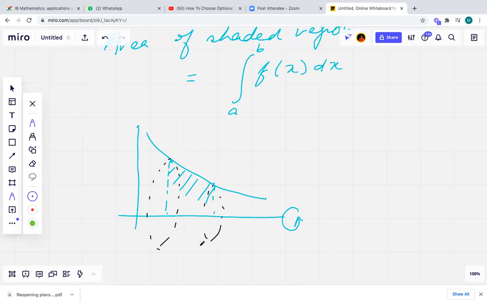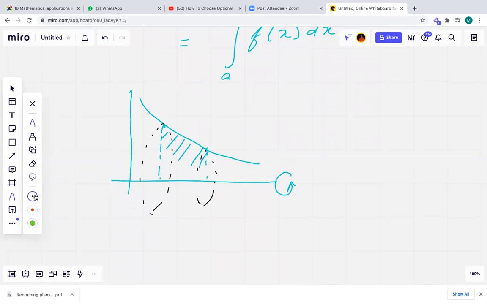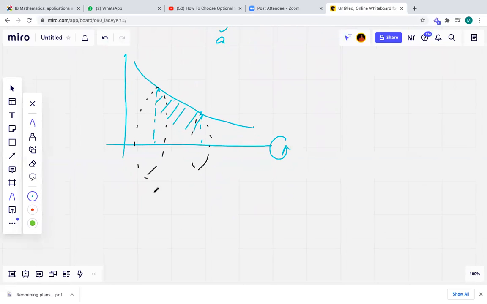So what will I get? I'll get a solid. It will be something like this. You're not allowed to laugh at my lack of artistic skill.